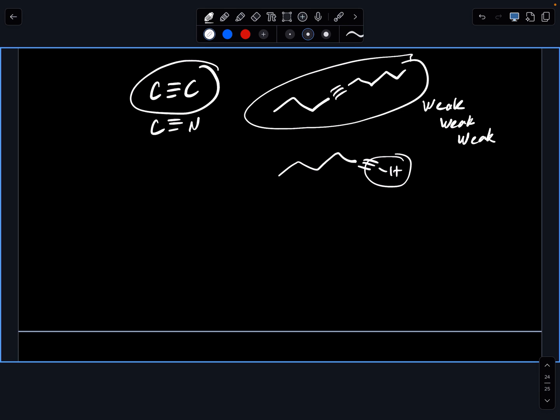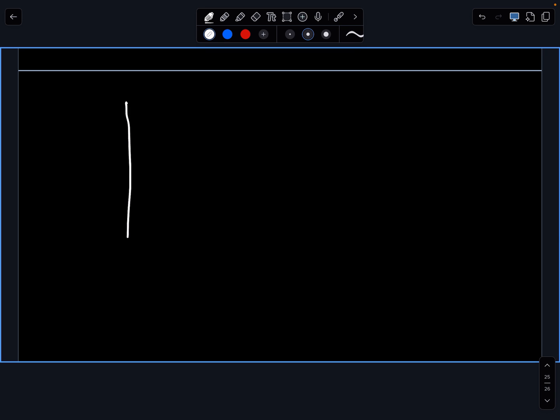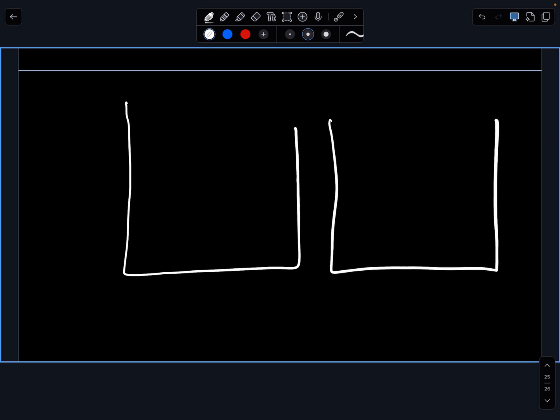If it's terminal, though, it tends to be quite a bit stronger, and it's a little easier to confuse a nitrile with a terminal alkyne. But a terminal alkyne has a CH. So for the infrared spectrum, I'm going to put two side by side. Start at the top.